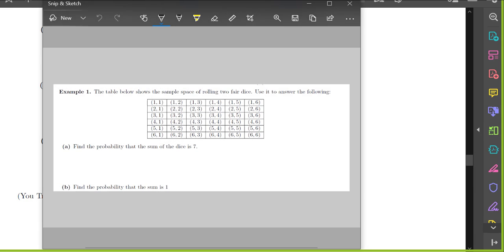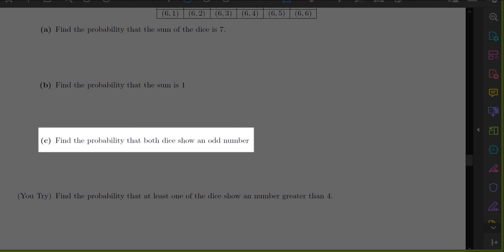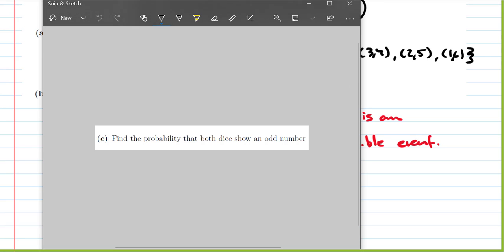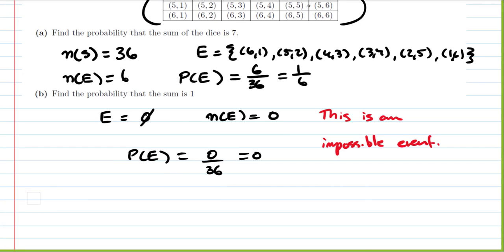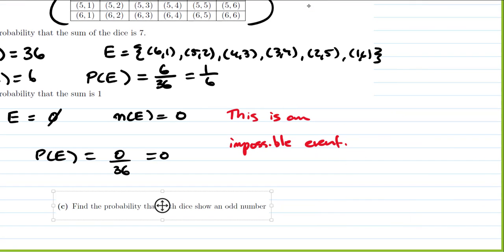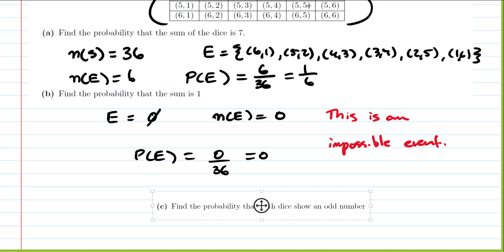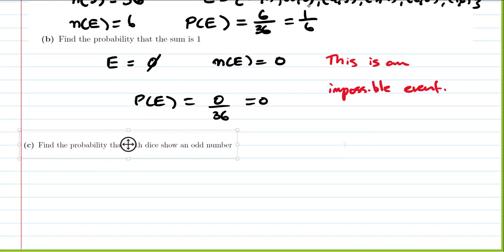All right, let's take a look at our next one. So find the probability that both dice show an odd number.